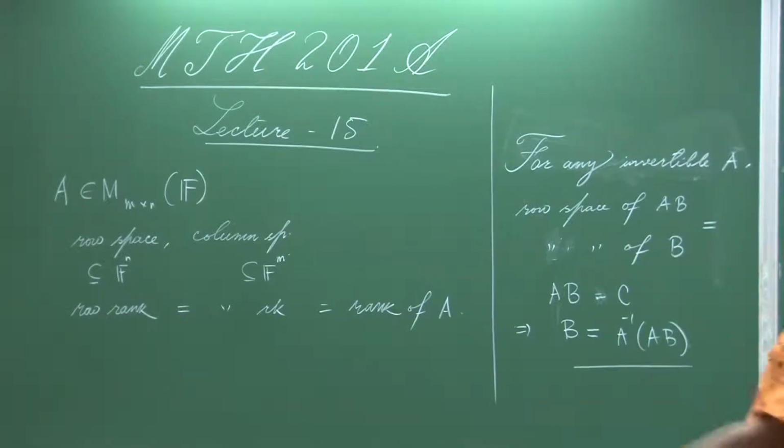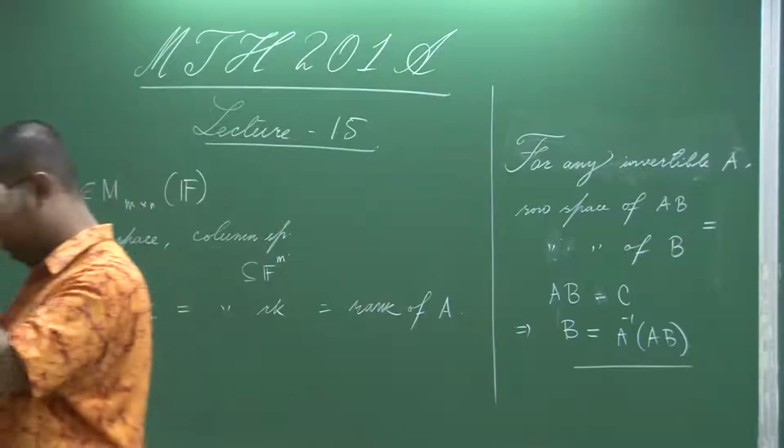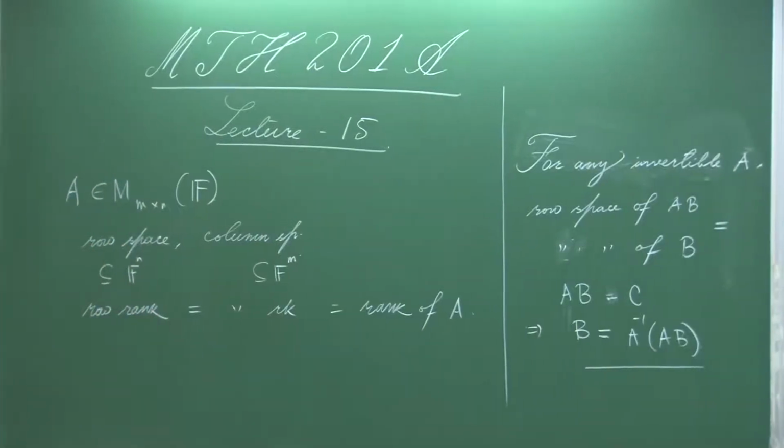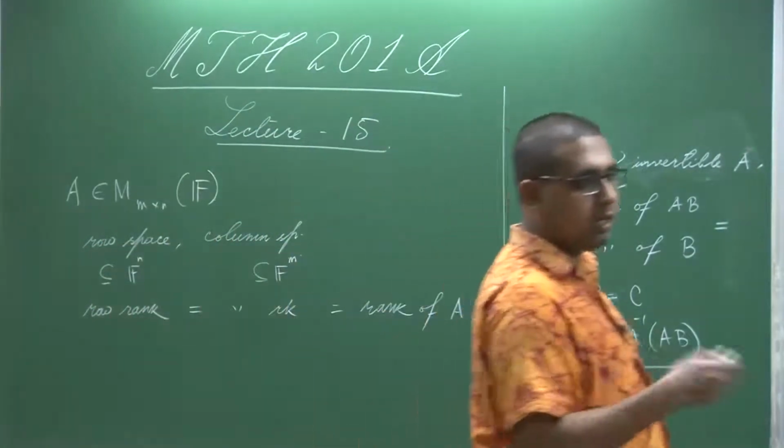Now, remember, multiplying by an invertible matrix from the left has a different name, namely row reduction.